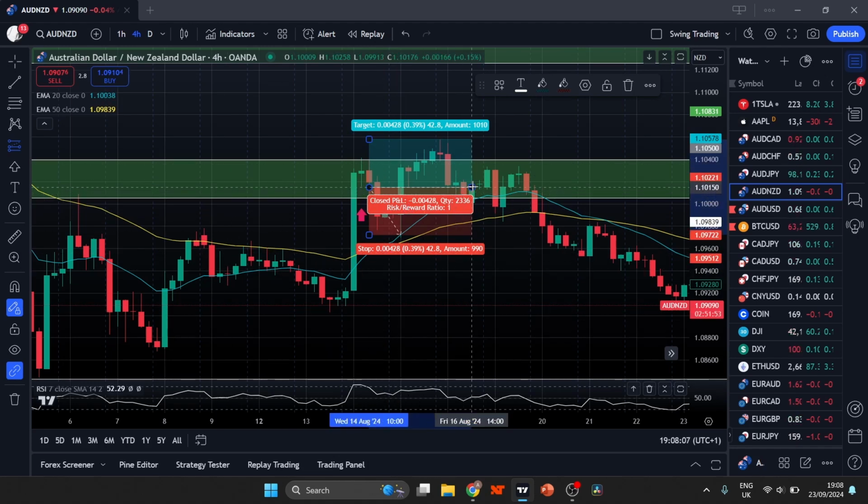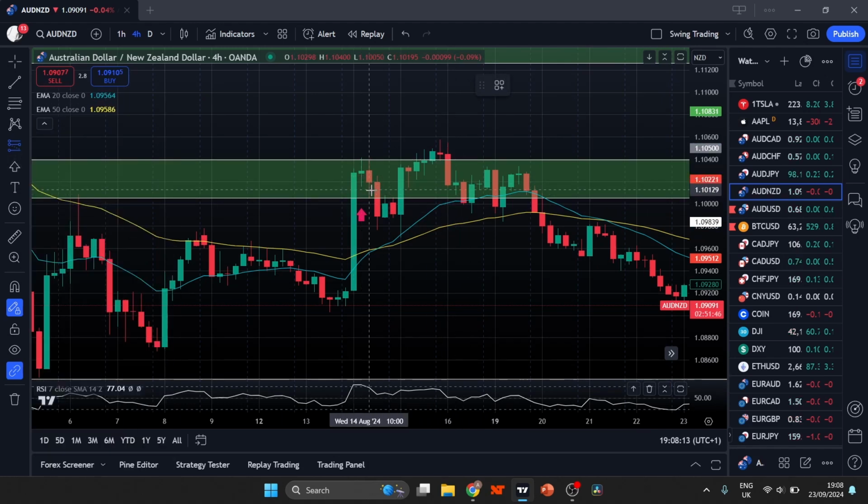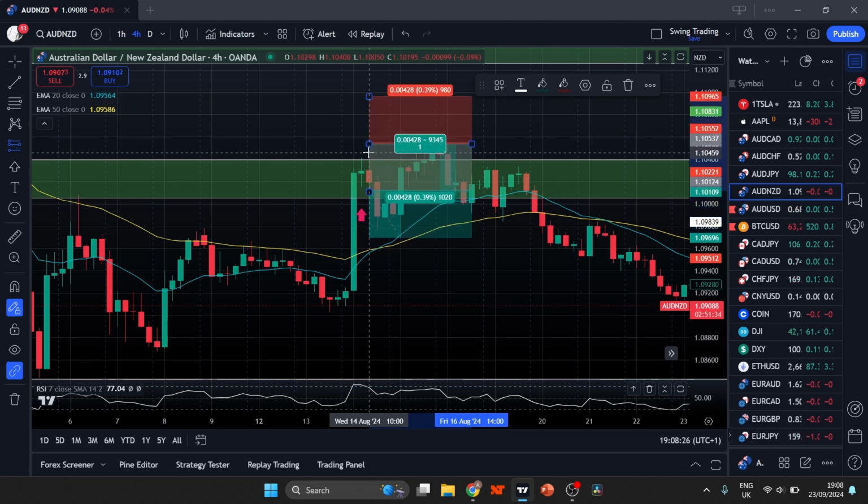Oops, wrong one. Just going to get rid of that. So remember, the price has come into the zone. We're looking for an excuse for it to go the other way. The excuse in this occasion is the doji.